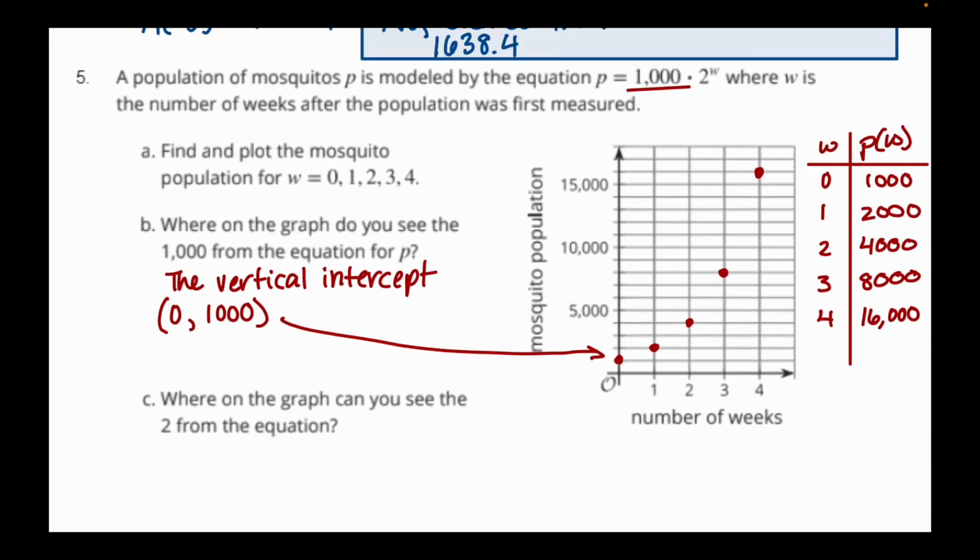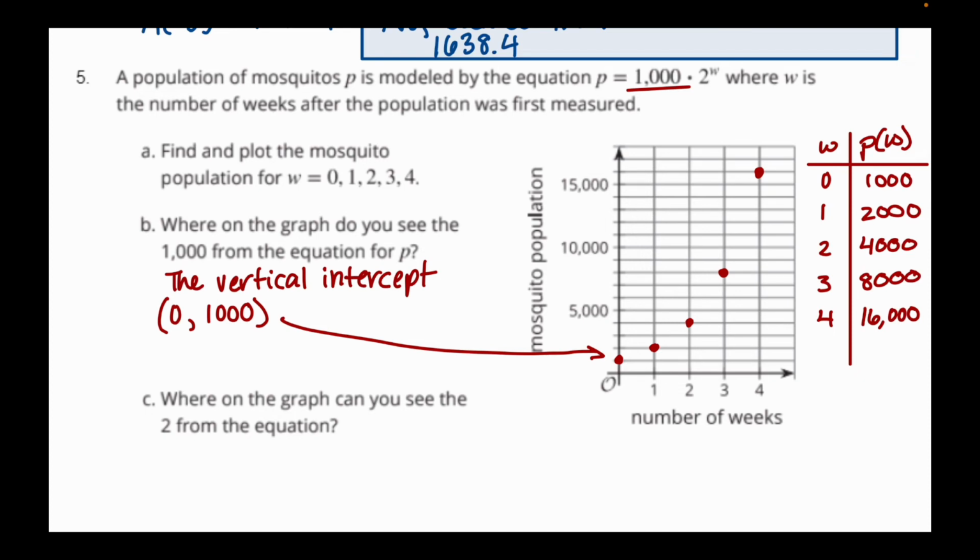Now question C, or part C of this question, is asking, where can you see the 2 from this equation on the graph? And that's a little less obvious because we don't have just a 2 plotted here. But it is the fact that it is multiplying by 2. So we can see the 2.